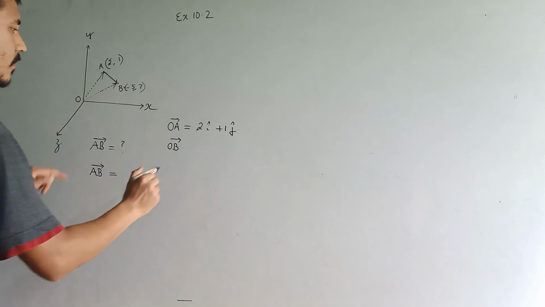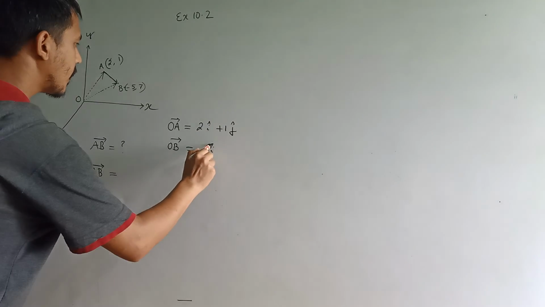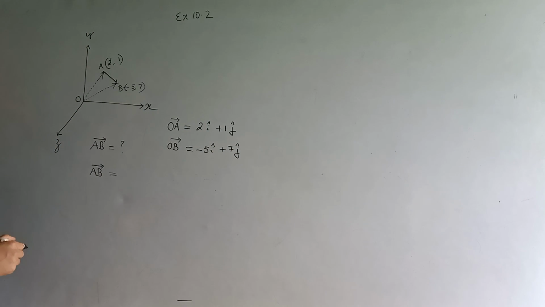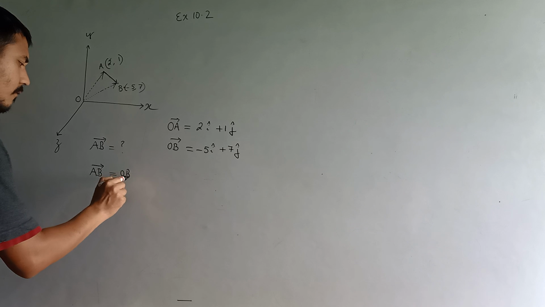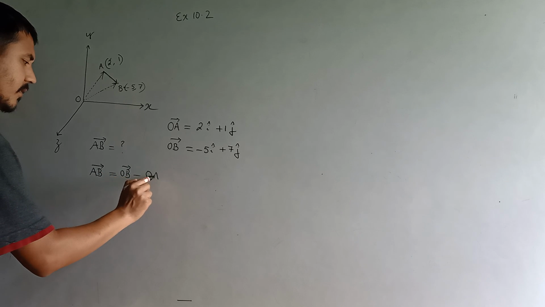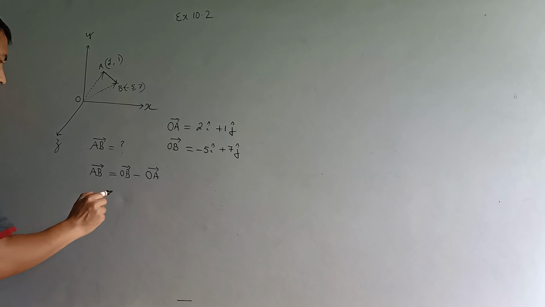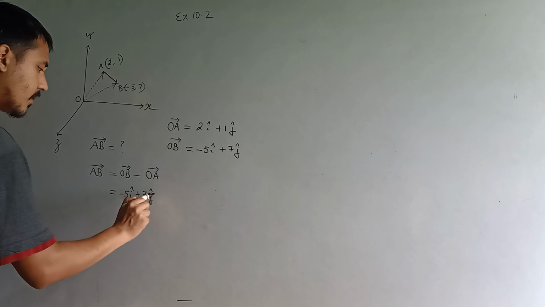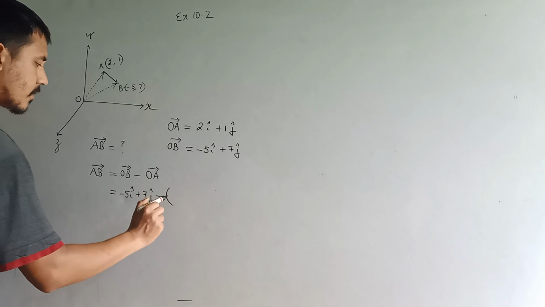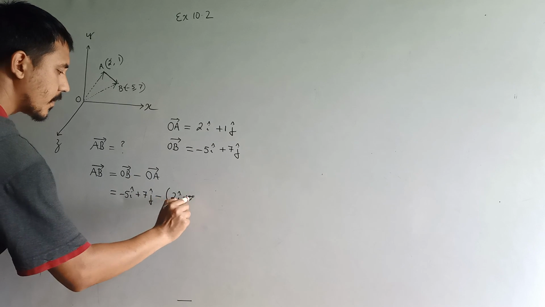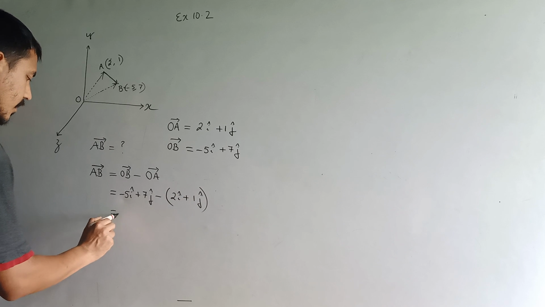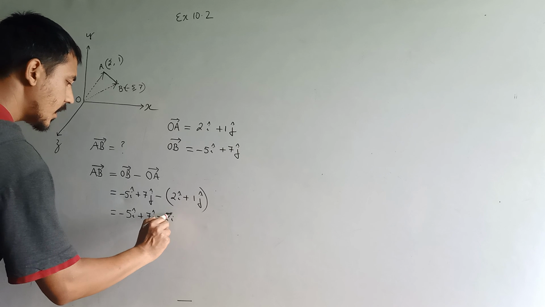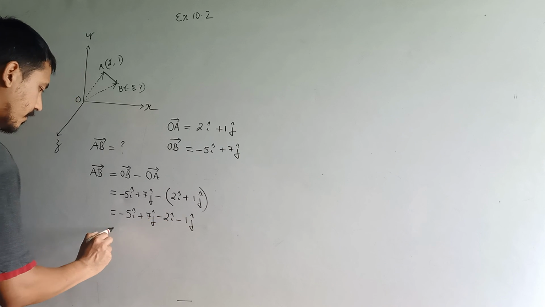Vector OB is equal to minus 5i cap plus 7j cap. So vector AB means position vector of B minus position vector of A. That is minus 5i cap plus 7j cap minus 2i cap minus 1j cap.